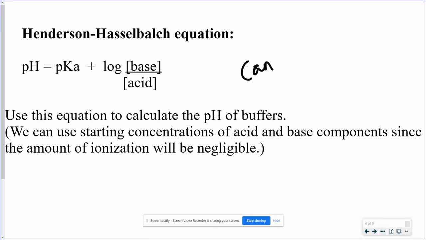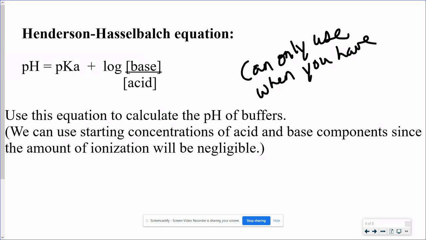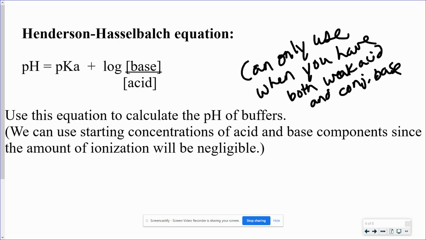You can only use it when you have both the weak acid and its conjugate base. If you only have one or the other, you can't use this. You could also have a weak base and its conjugate acid.